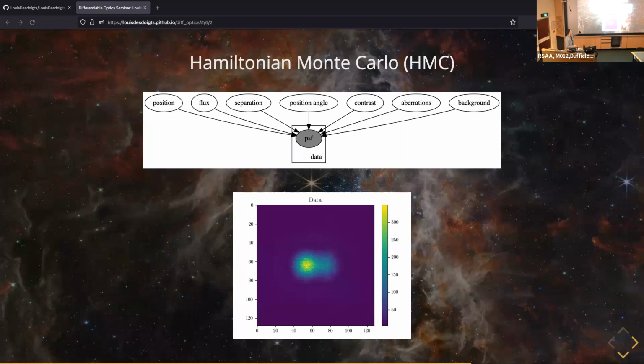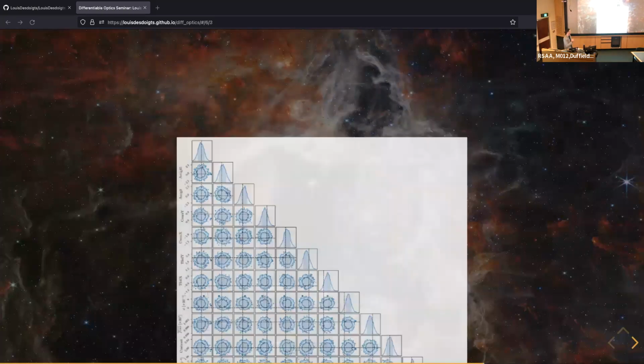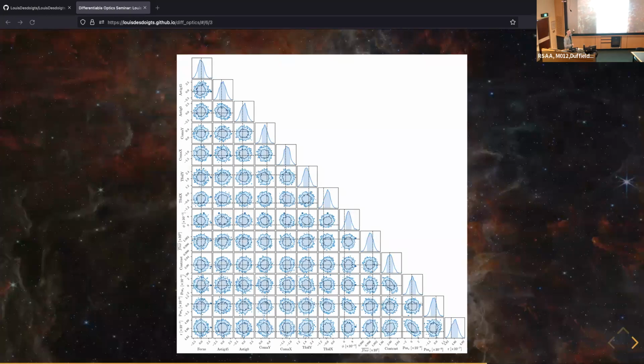So this is just a little test case that I made where you're looking at a binary star with some optical aberrations, and you want to constrain all of your binary star parameters as well as the background noise in your image and the optical aberrations. Don't freak out too much, you're not actually meant to really see anything. The whole point here is that you can understand really complex relationships all the way from your astrophysical to your optical to your instrumentation parameters and see exactly how they relate to each other, and you can sample through them.